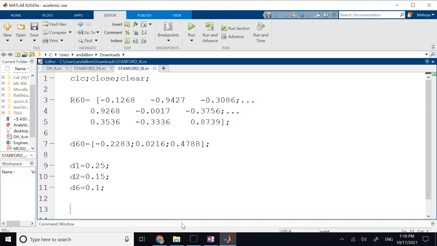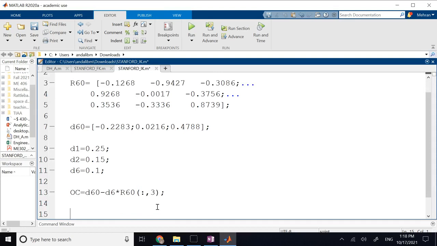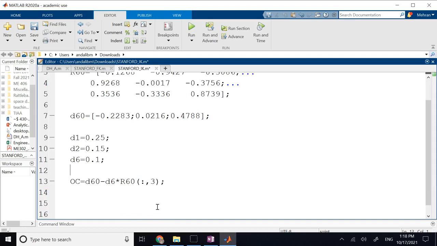So the position of the wrist, I call it OC, is equal to that D6 in 0 that we had, minus D6, which is a constant distance, times the third column of the rotation matrix, these guys. So this is going to be R60, all rows and column 3. So this is the wrist position, right? Let me add comments for you as well.